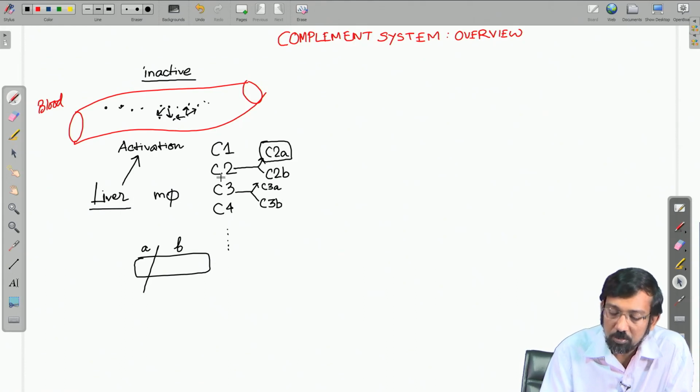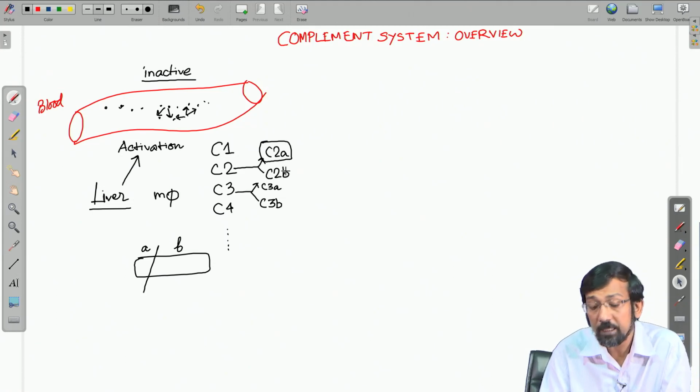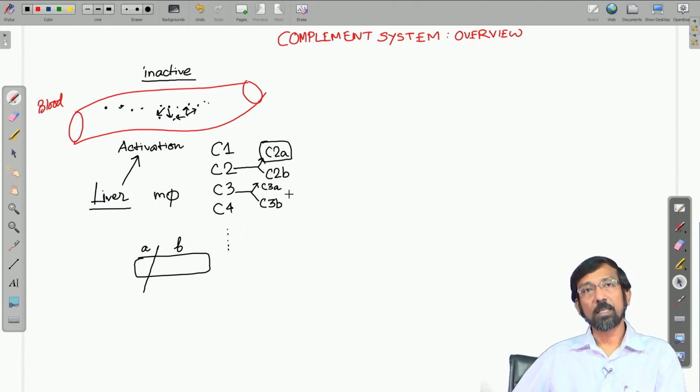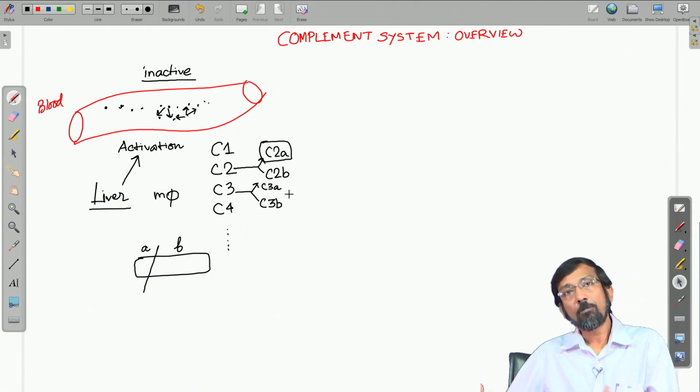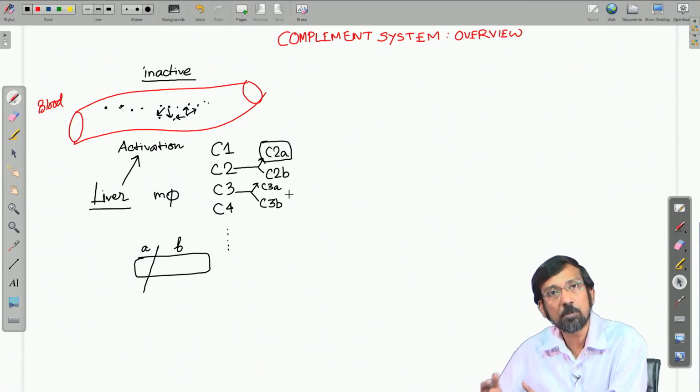Similarly, they can be cleaved into different fragments, and these fragments can associate with each other and form new enzyme complexes which can cleave another target complement protein, and this cascade of events keeps going on.